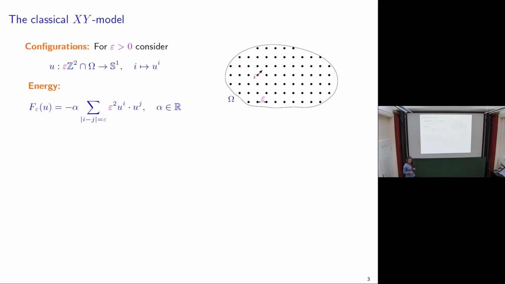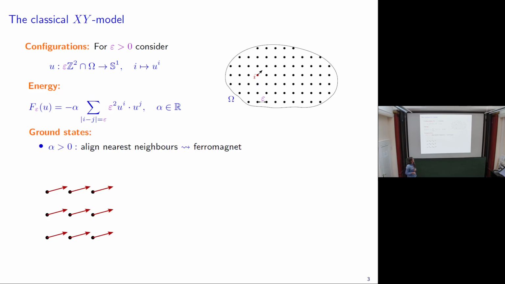Okay, so we have an energy, we can look for ground states, which of course will depend on the sign of alpha, as we have seen before. If alpha is greater than 0, then of course you want to align your neighbors to minimize your energy.